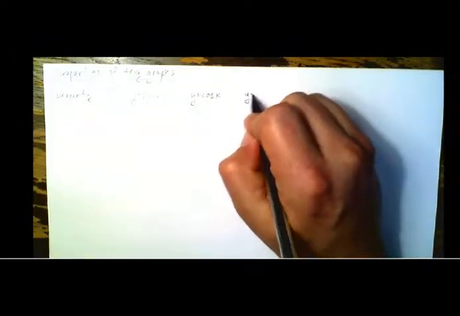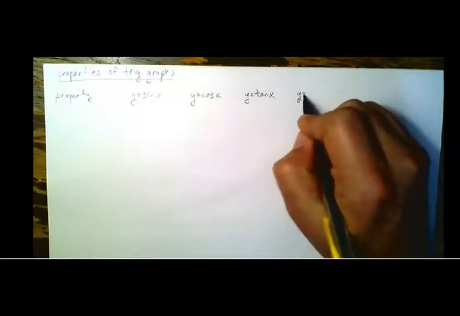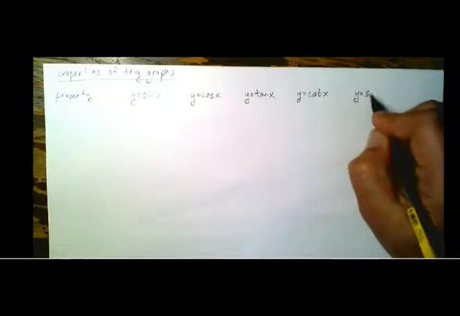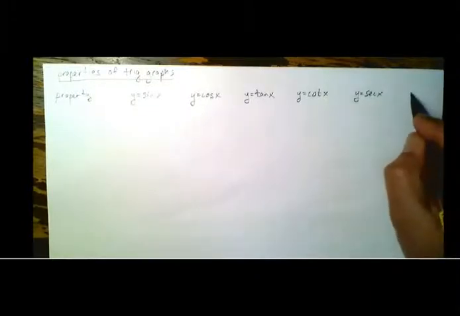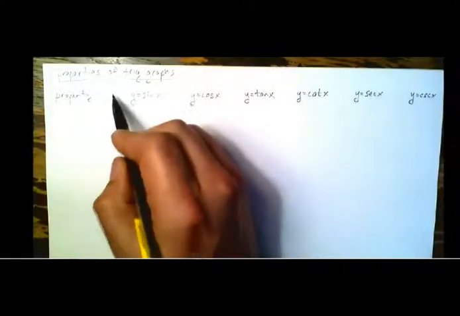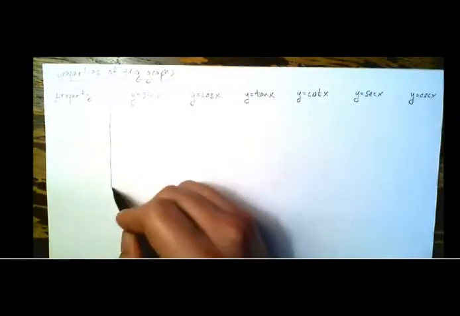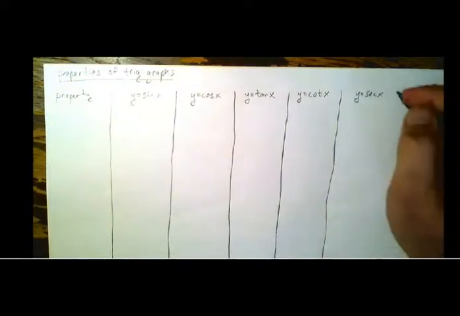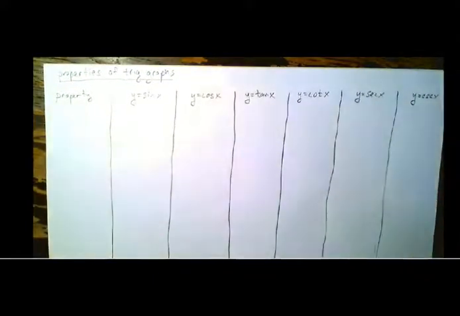So I'm going to do one for tangent, cotangent, secant, and cosecant. Okay. So make some columns here.